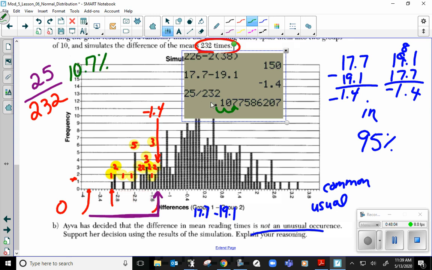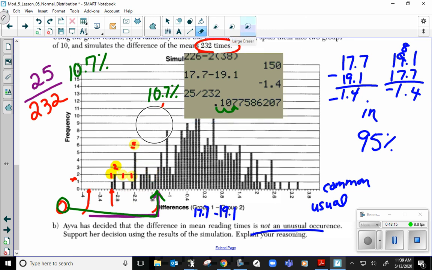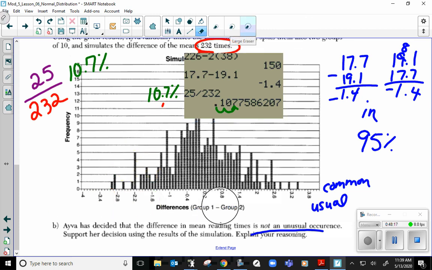If I start at 0 and I go here, this is 10.7%, that is within my moneymaker. Let us not forget, our moneymaker makes up 95%.